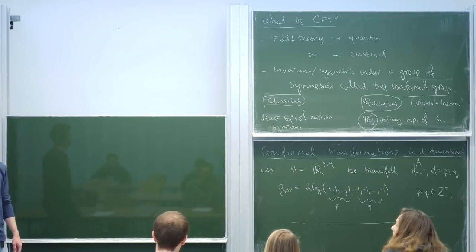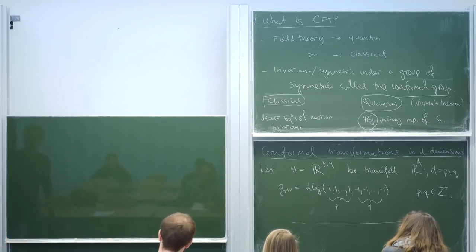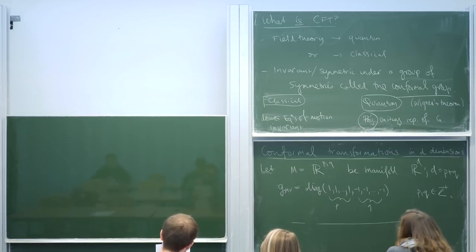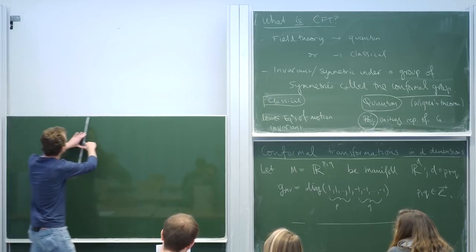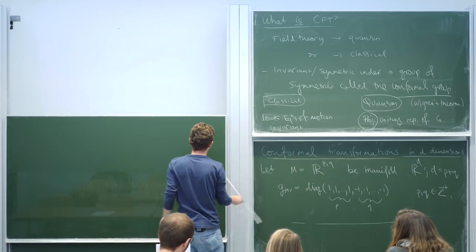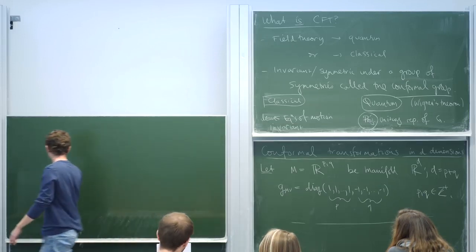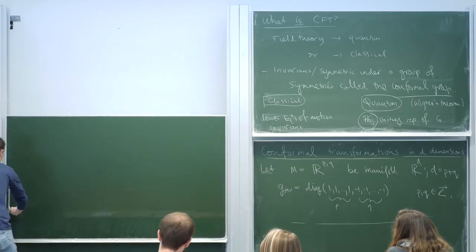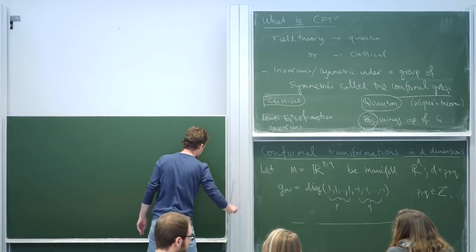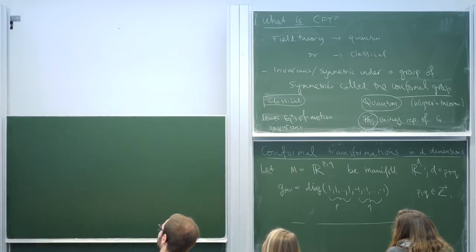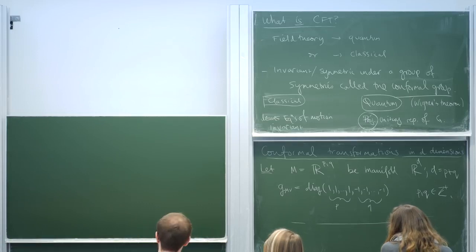That's what a conformal transformation is. And as we'll see, this property of leaving the metric invariant up to a scale factor will have something to do with angles, the way we measure angles.